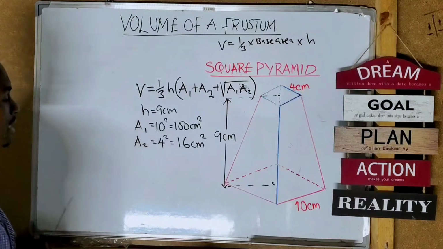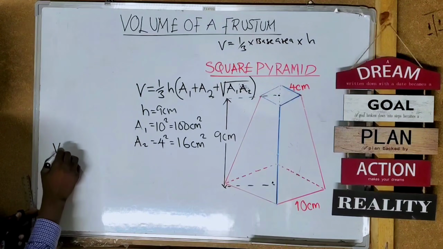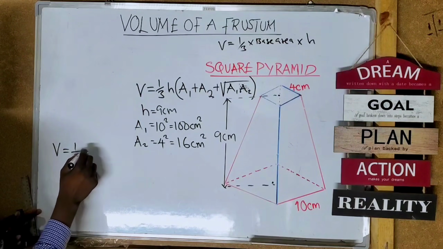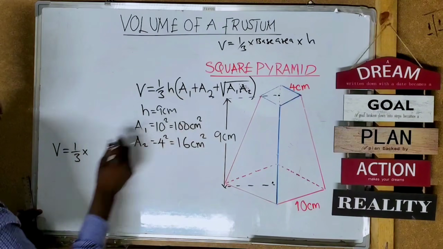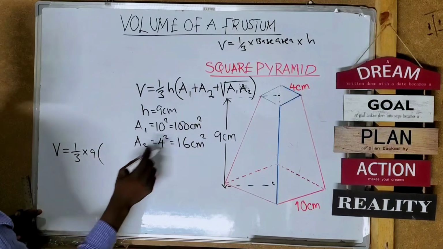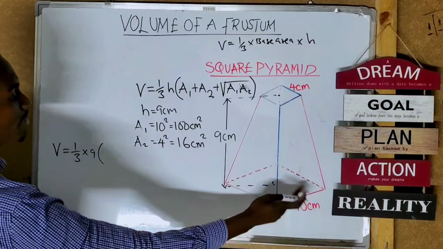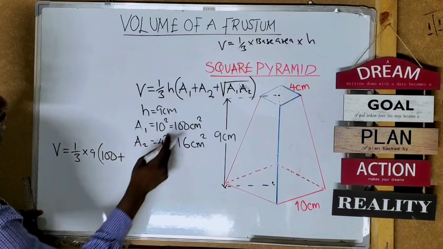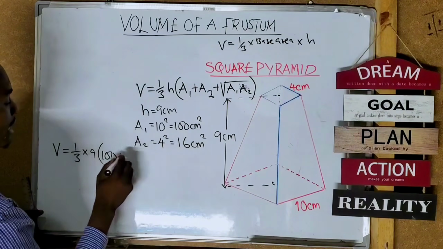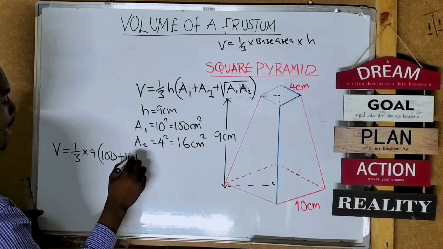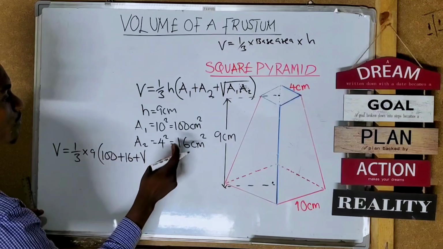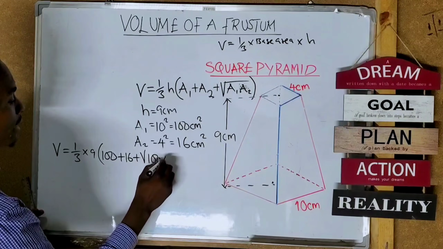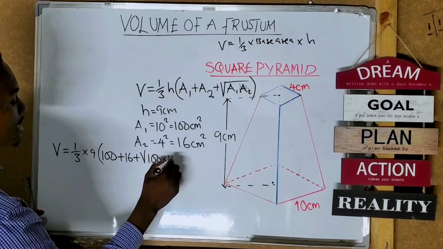We have what it takes. So volume is equal to, substituting in this formula, 1 over 3 multiplied by height, which is 9, open bracket, area 1, which is the base area here, is 100, plus area 2, which is 16, plus the square root of the product of these two, which is 100 multiplied by 16.